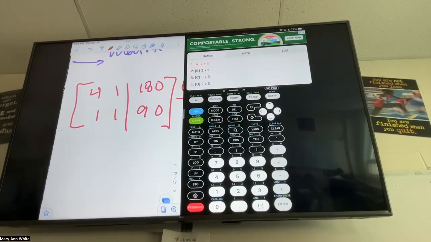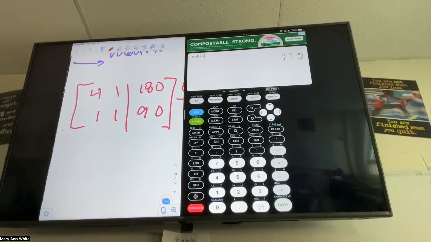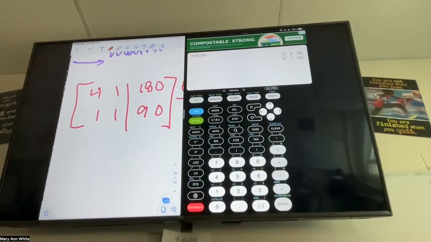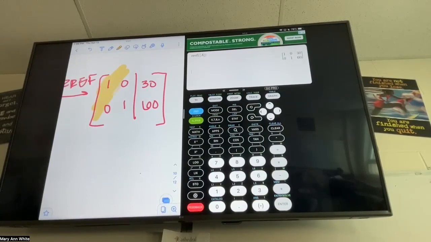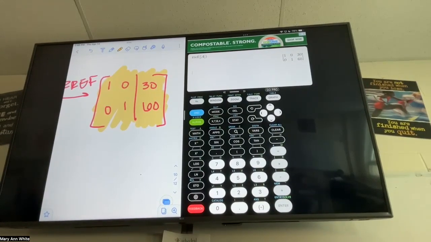Second matrix, I'm going to edit A, 4, 1, 180, 1, 190. It worked. Double check, make sure you get what I got.